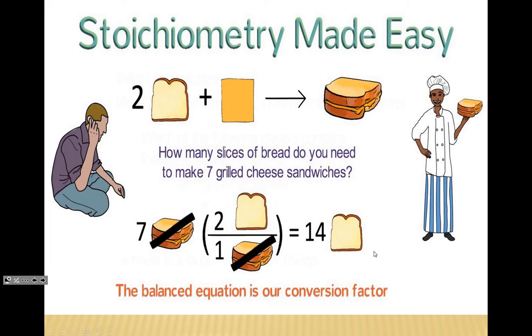Yes, sorry. Okay, so we would be able to say, okay, I need 7 slices of cheese. That's easy. And I need twice that many pieces of bread, right? Well, we use a ratio. So for every 1 sandwich that I want to make, I need 2 pieces of bread, right? That's just the ratio we need. We think about it in our heads when we do it at home when we're making stuff. It's pretty easy. That's a simple one.